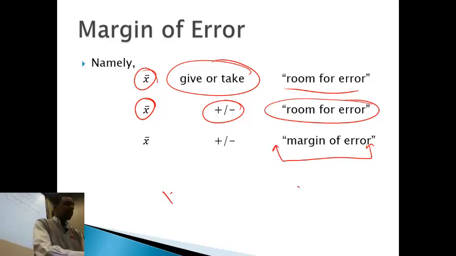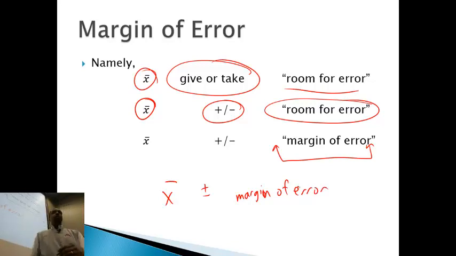And so we're going to work with the sample mean, give or take some margin of error. So our goal is to try to estimate the population mean mu, but we may never know that. So we'll take the sample mean, give or take some buffer, if you will.